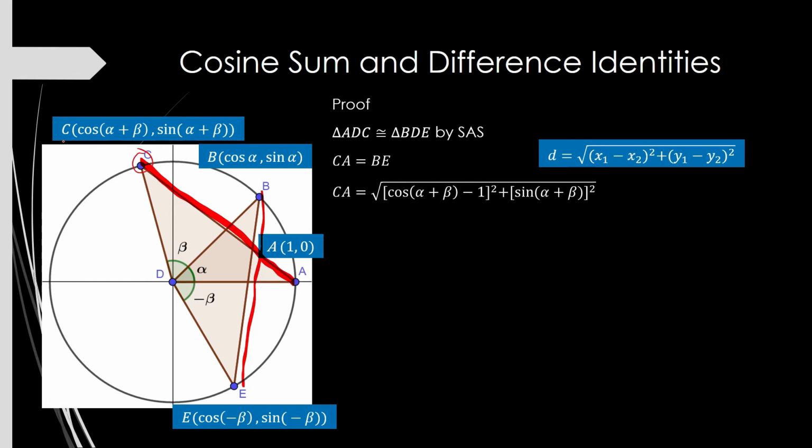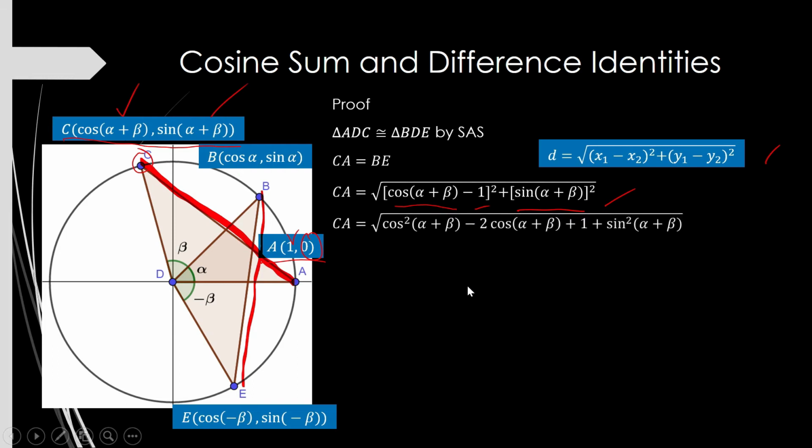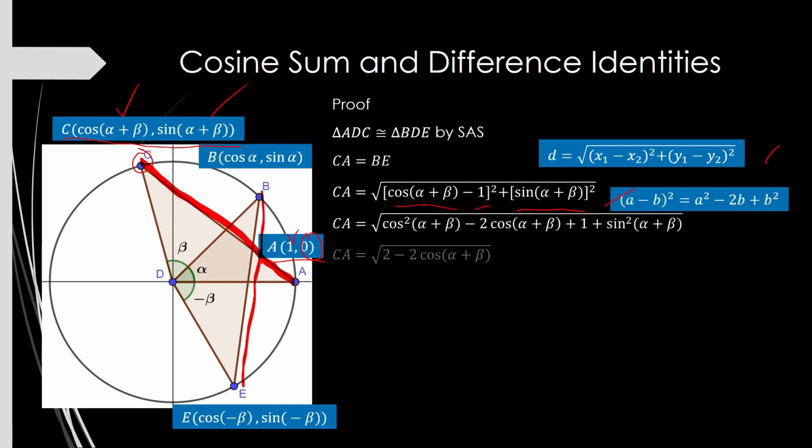So this is a pair of coordinates for point C, another pair of coordinates for point A. So using our distance formula, it's just this. x sub 1 minus x sub 2, and then everything squared, plus y sub 1 minus y sub 2, which is just equal to 0. And then from there, we expand this using our special products, and then we simplify.